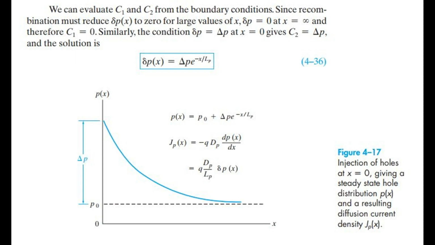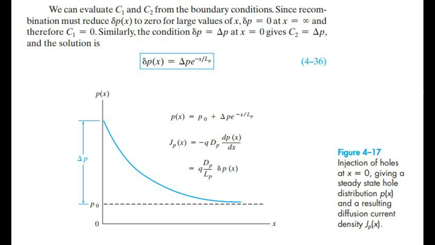Injection of holes at x = 0, giving a steady-state hole distribution p(x), and a resulting diffusion current density J_p(x). The injected excess hole concentration dies out exponentially in x due to recombination, and the diffusion length L_p represents the distance at which the excess hole distribution is reduced to 1/e of its value at the point of injection.